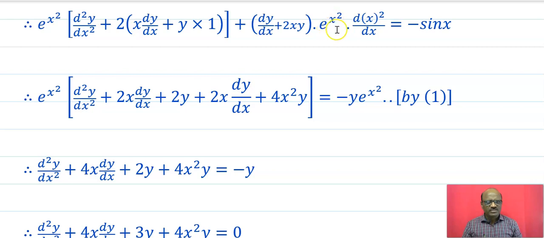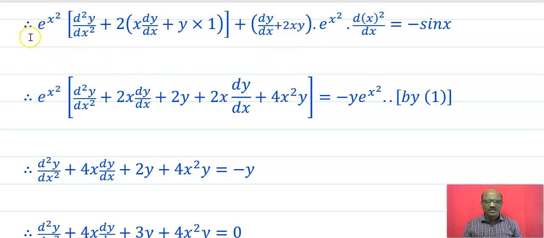That is e raised to x square into 2x into dy by dx. Therefore 2x into dy by dx. Again 2xy into 2x, that will become 4x square y.